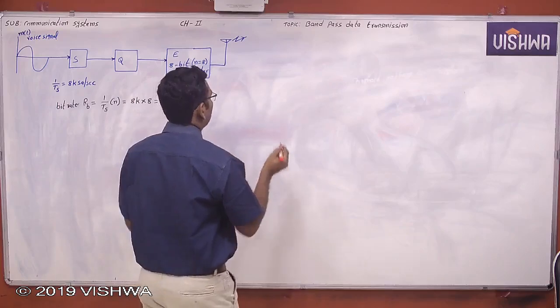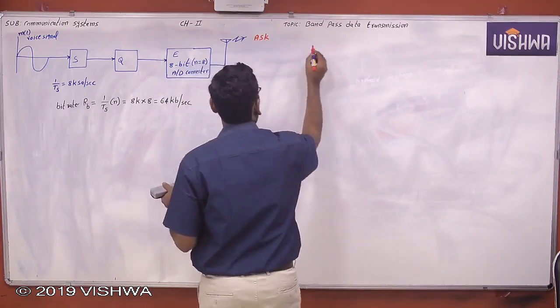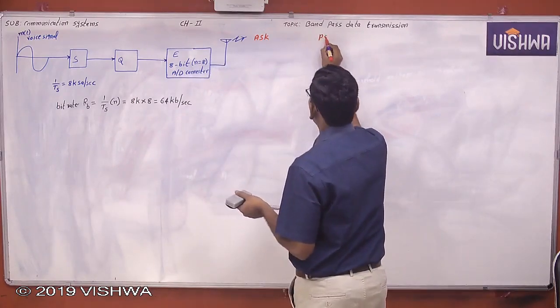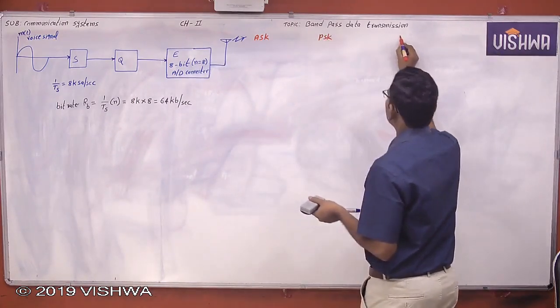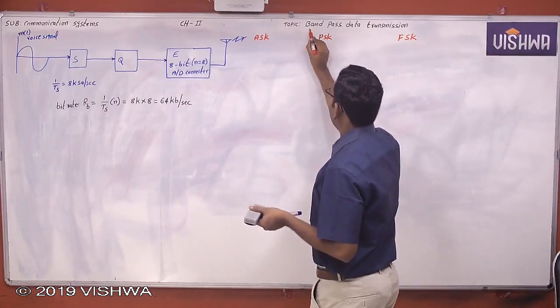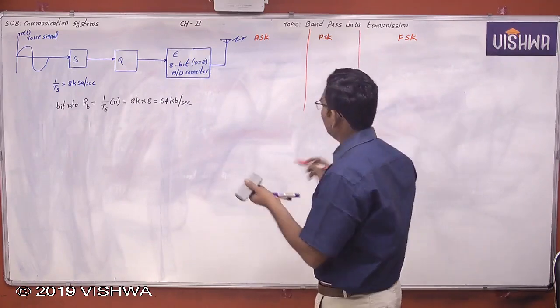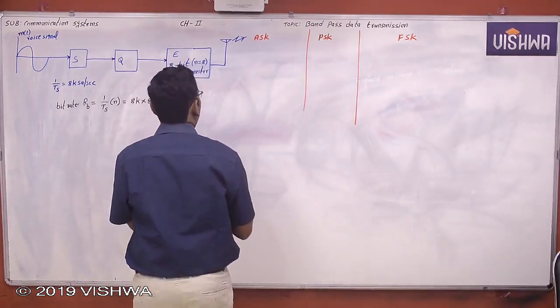What modulations are given? The first modulation is amplitude shift keying, the second is phase shift keying, the third is frequency shift keying. Then he is asking to find the bandwidth for each.